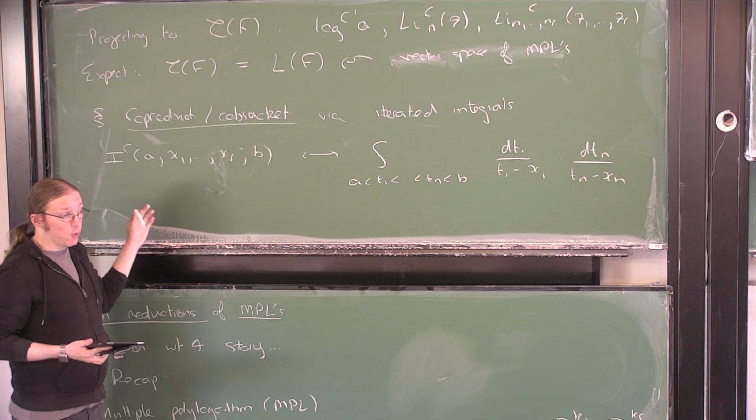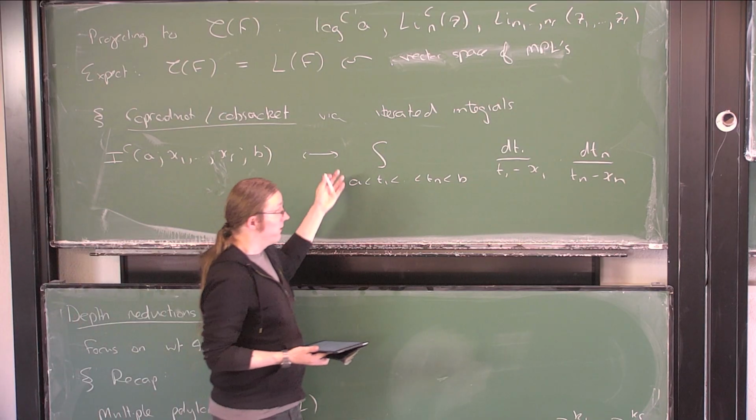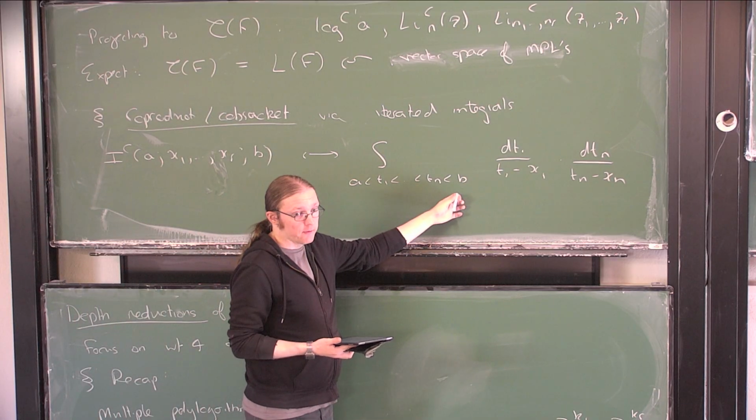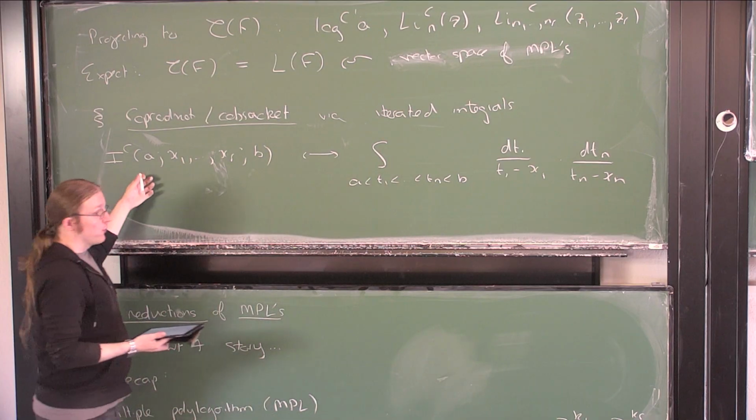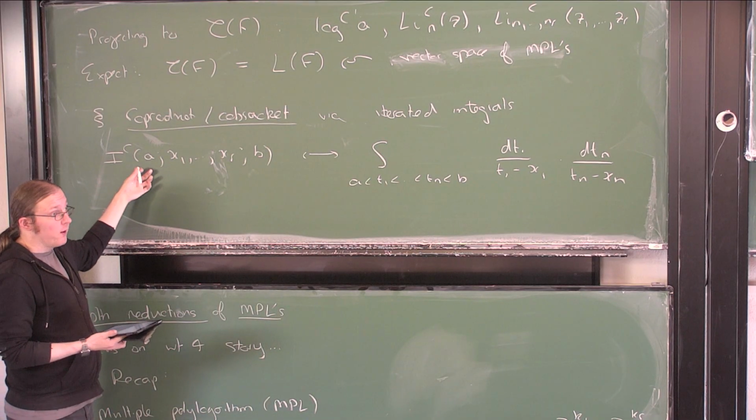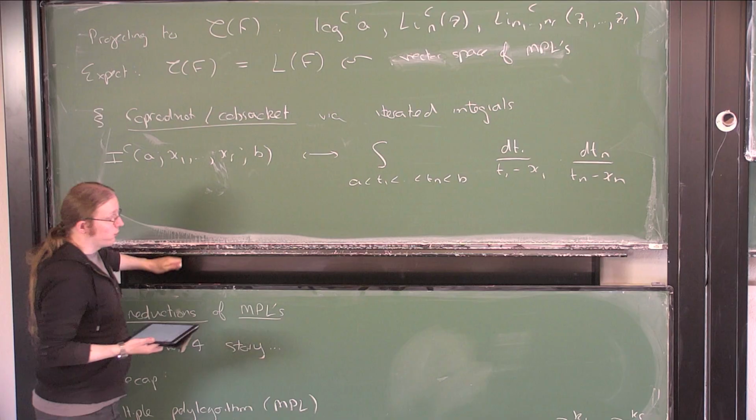You can write the multiple polylogarithms, the analytic versions of them, in terms of integrals like this, and then view them as some version of these motivic iterated integrals.